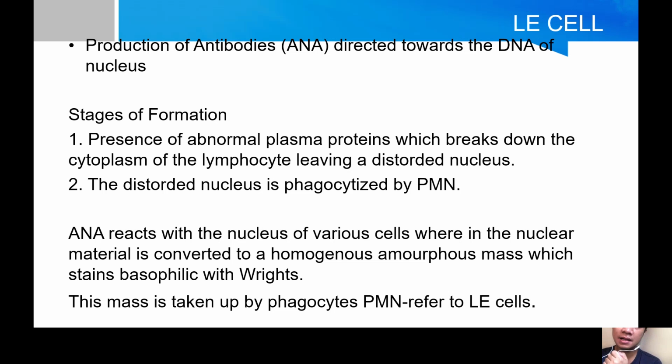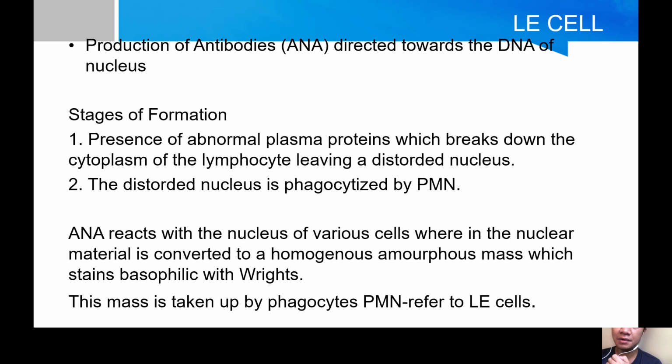Speaking about the LE cells, an LE cell is actually a phagocyte. This is a phagocytic cell. It's a PMN, polymorphonuclear neutrophil, which phagocytoses another cell, especially the nuclear material coming from dead cells. The dead cell could be a lymphocyte or could also be another neutrophil.